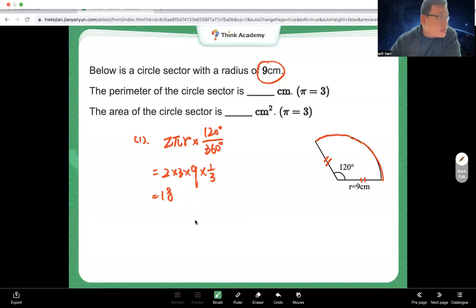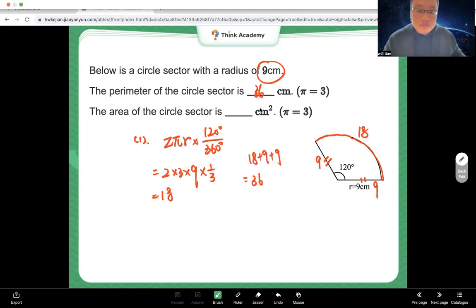But 18 is not the final answer, because you have to include these 2 radii, 9 and 9. So the final answer will be 18 plus 9 plus 9, which is 36.